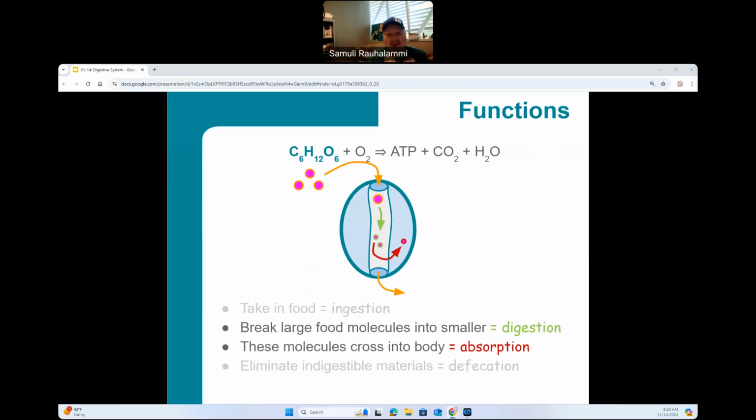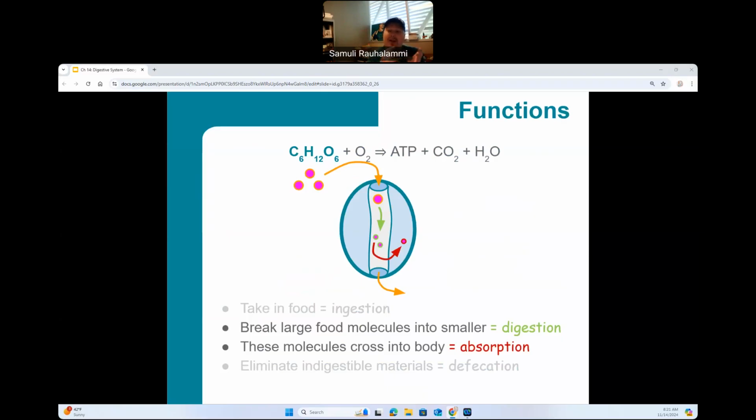That process was digestion. The second process that we're seeing on this diagram is that these smaller molecules, which we have now broken the food into, can pass into the body proper. This means they pass to the blood vessel capillaries at the abdomen, and also to lymphatic vessels for the larger fat molecules.